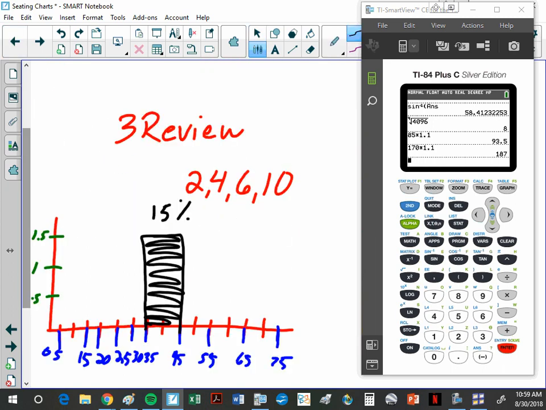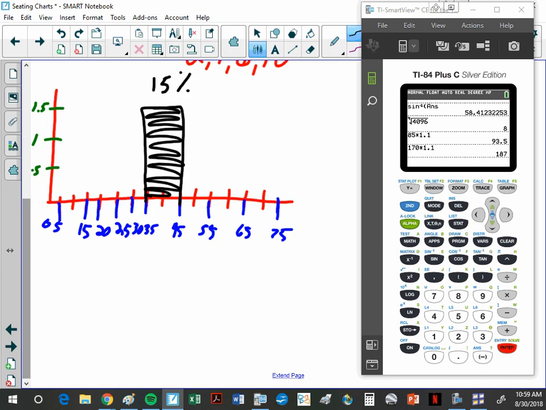So here, the 0 to 5 has to take up 7%. So I'm going to take my block, which is 7%, and divide it by the class interval width, which is 5, and I get 1.4.